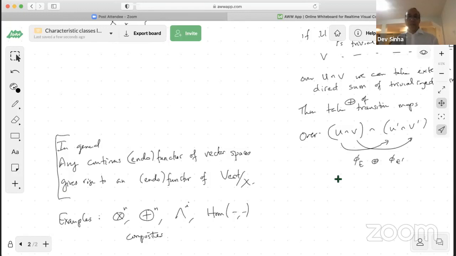In other words, if I can take the direct sum of linear maps, the tensor product of linear maps, the Hom induced effect on Hom of linear maps, and it's continuous, then this gives me a way to take my gluing data, because that's the way I like to think about vector bundles.